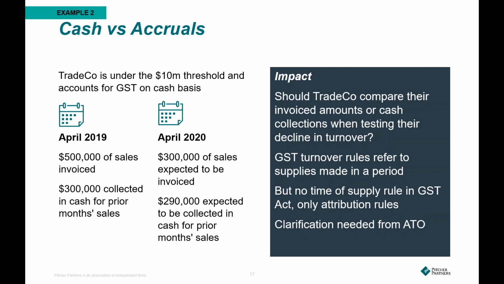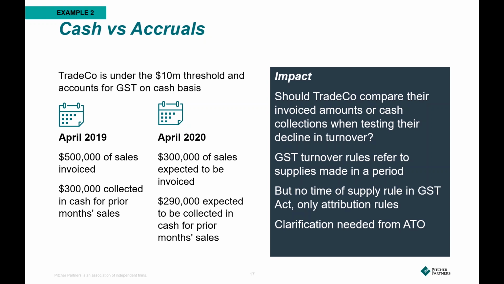So just to give an example on the other side of that coin as to how that might impact, we've got Tradeco that is under the $10 million threshold and accounts for GST on a cash basis. Tradeco chooses April 2020 as its test period for JobKeeper turnover purposes.